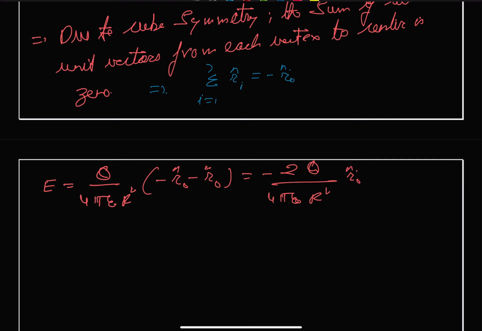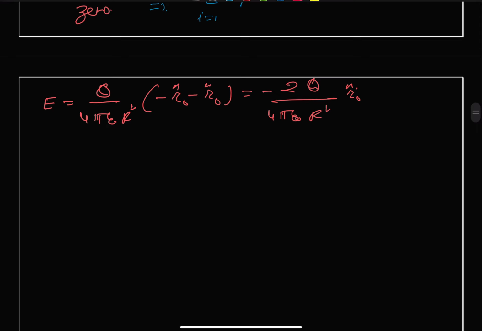And we need to find R naught unit vector, which we can find easily. Our R naught unit vector will be (a/2, a/2, a/2) divided by the magnitude of r vector, and this can be written as 1 by root 3 times (i plus j plus k).